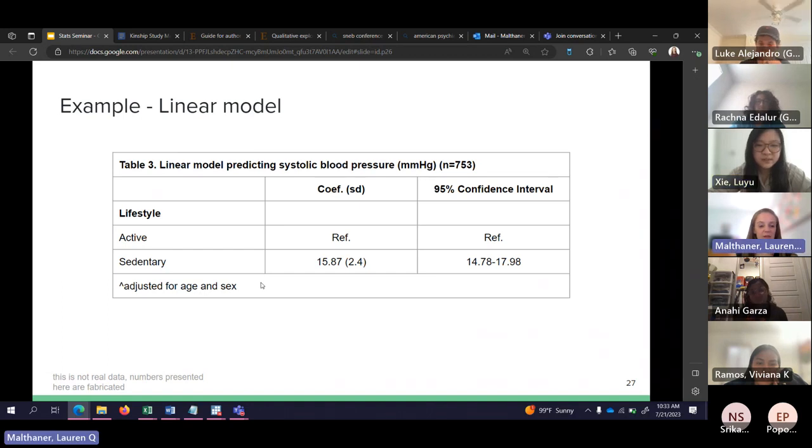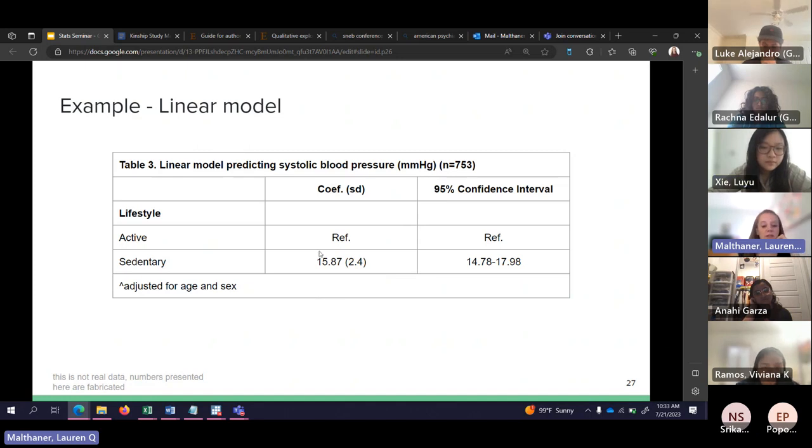This is an example of an outcomes table for a linear regression model, and the two columns here we have are the coefficient, and the standard deviation, and then the 95% confidence interval. We've noted the units, which is important for interpretation in a linear regression model, and then the sample size.